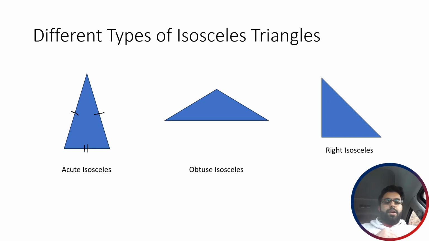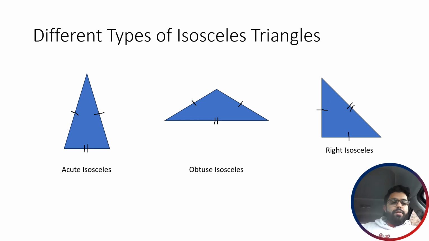So that makes it an isosceles triangle. The second one, this side here and this side here are the same length, and this one is a different length, so that makes it an isosceles triangle. And for this one here, this side and this side are the same length, and this one over here is a different length, so it's an isosceles triangle.